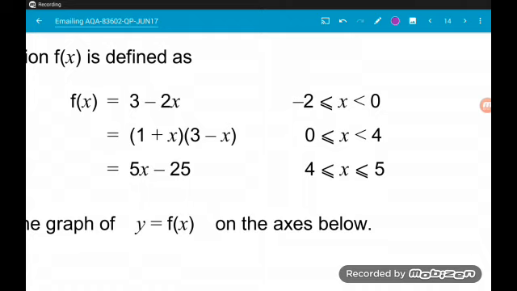Okay, then our third and final part of the function is f of x is 5x minus 25 for x greater than or equal to 4, less than or equal to 5. So, substituting x equals 4 in, we're going to get 5 times 4 is 20, minus 25 is minus 5.